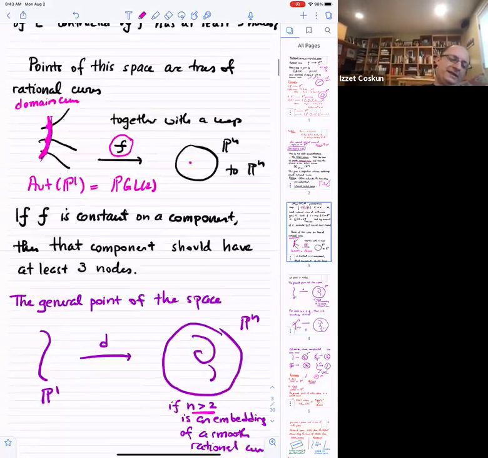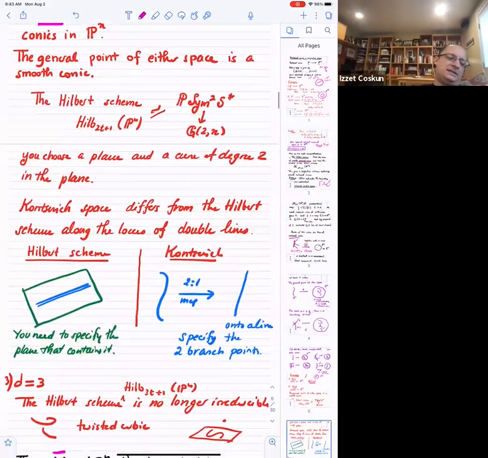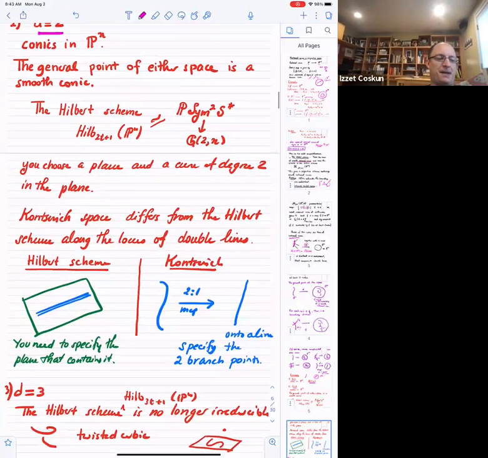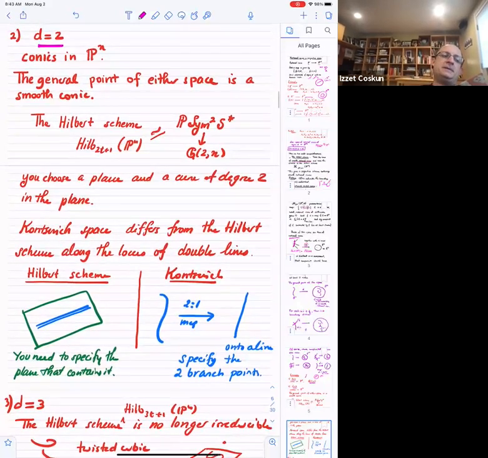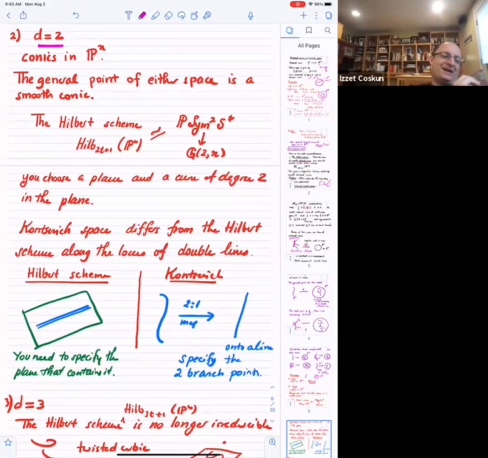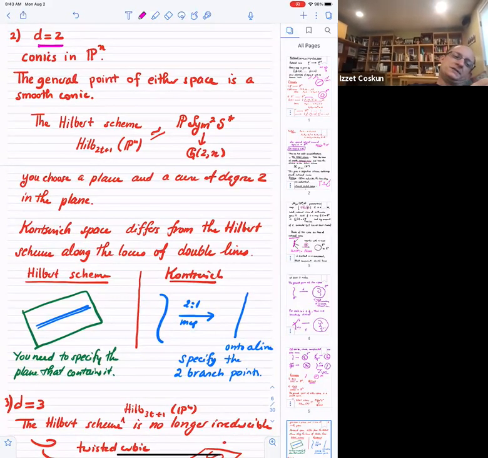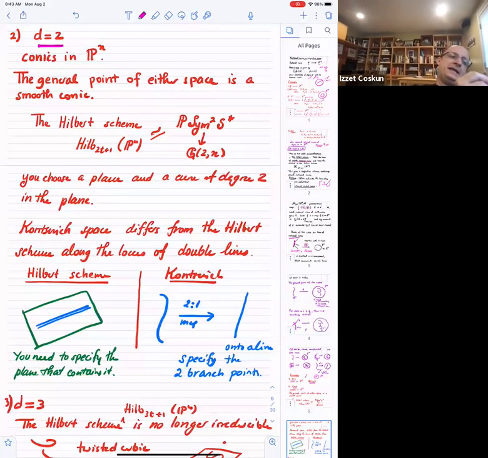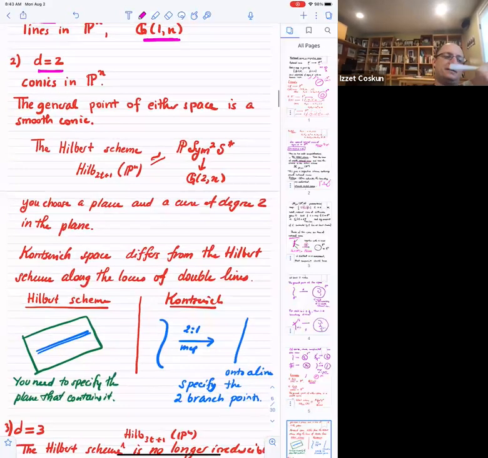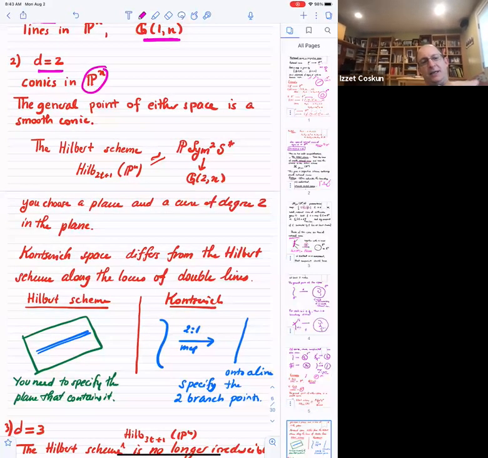But already here, the Hilbert scheme and the conserved space differ. The Hilbert scheme in this case turns out to be not that hard to describe. Any conic in Pn turns out to be a planar conic. It has to be a degree 2 equation in the plane. You need to check that, but it's true.